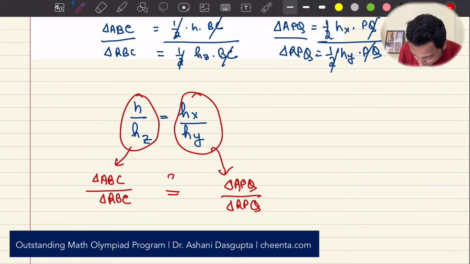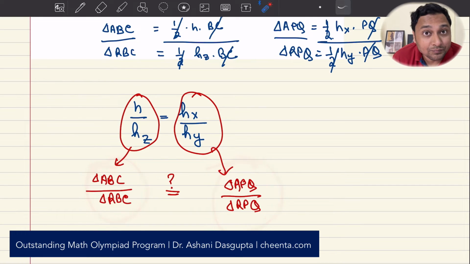Of course we have not shown it yet, but if we can show that these two are equal, then we would be done. So how do we do this?